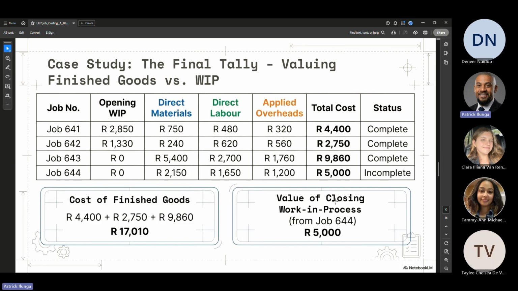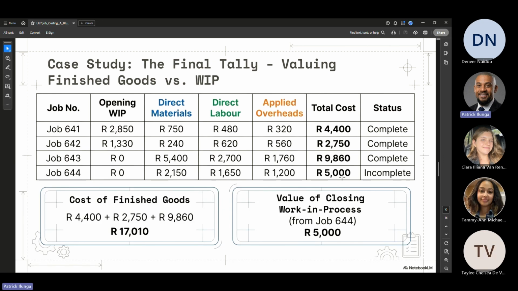And if they're asking you what is still in work in process, of course, what is still in work in process is this one here that is incomplete. So it's still stuck at the production phase. It has not yet moved to the completion phase. Because after the completion phase, you know the progression.